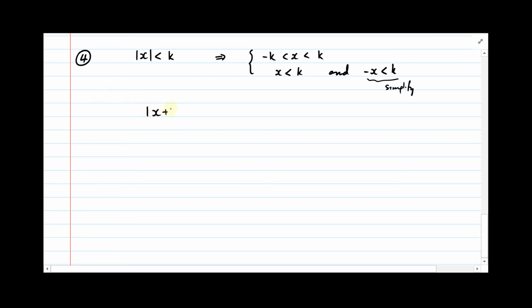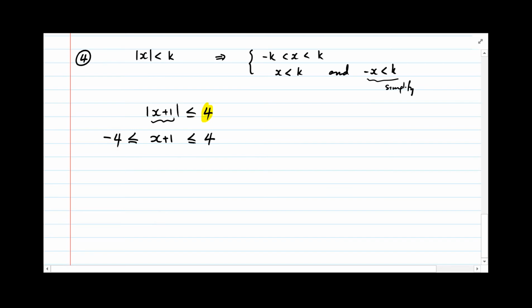Absolute value of x plus 1 is less than or equal to 4. Well, let's look at it from the algebra point of view. What it's saying is, whatever is the expression in here, I'm going to write it back. Providing this side is a positive number, then I will be able to sandwich this in between its positive and its negative.